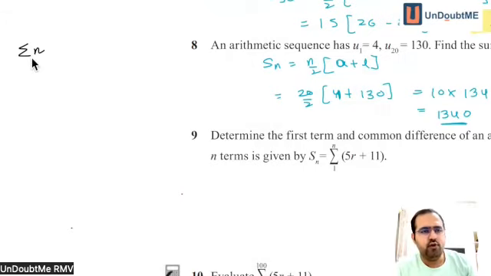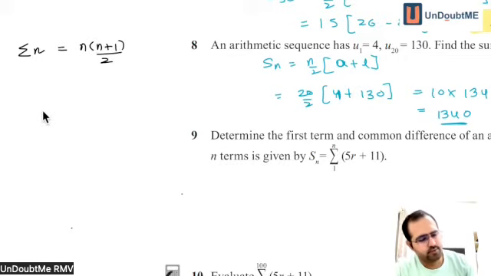Sigma n is the formula for the sum of n natural numbers, 1 plus 2 plus 3 and so on. That will be n times (n plus 1) by 2. The next one was sigma n square, sum of squares of n natural numbers, 1 square plus 2 square up to n square. That will be n(n plus 1)(2n plus 1) by 6.